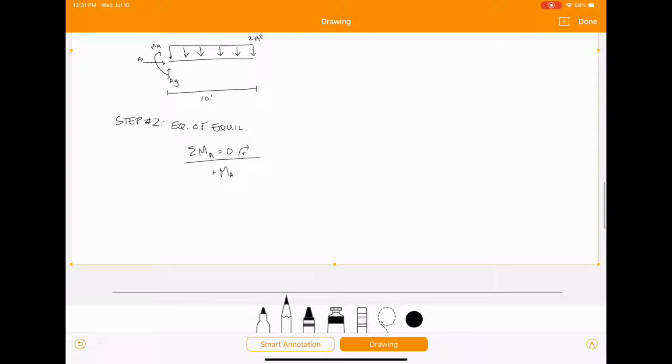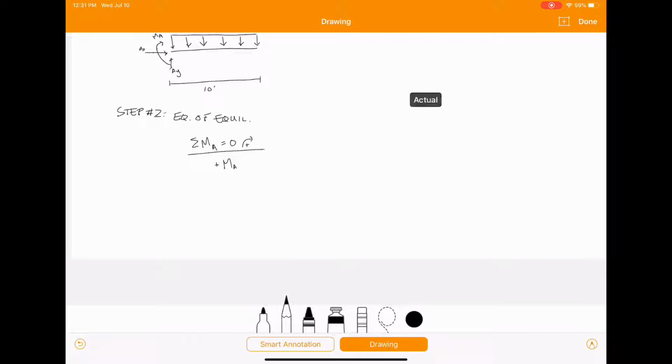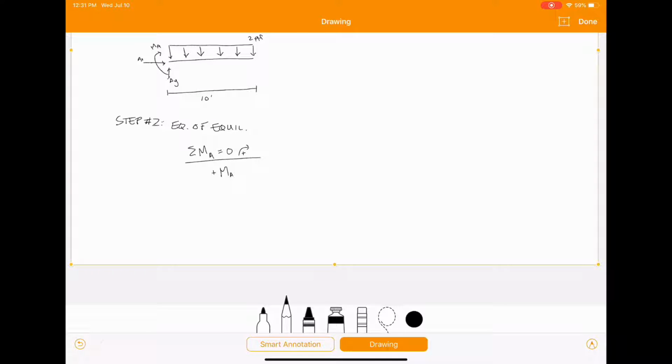And now we have this distributed load that we need to deal with. So to find the force associated with this distributed load, we know that it's going to be the area under the curve.